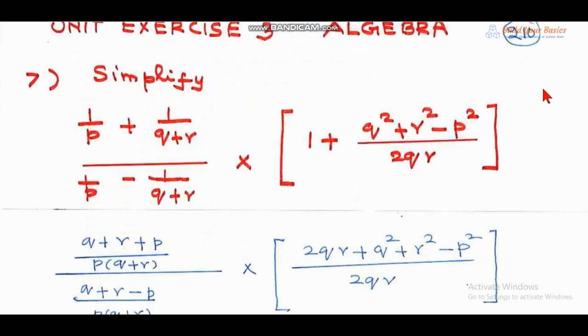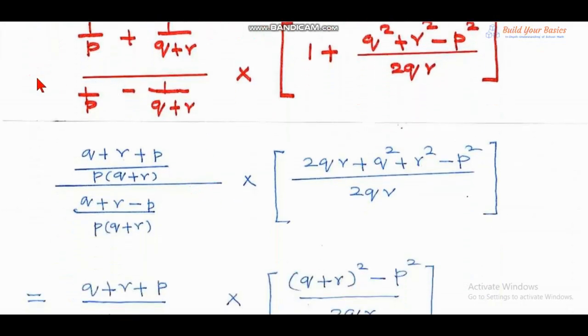Unit exercise 3, sum number 7. Simplify 1 by p plus 1 by q plus r upon 1 by p minus 1 by q plus r, into 1 plus q squared plus r squared minus p squared divided by 2qr. Now simplify the numerator, simplify the denominator.